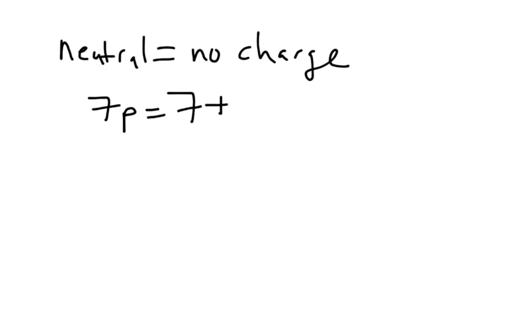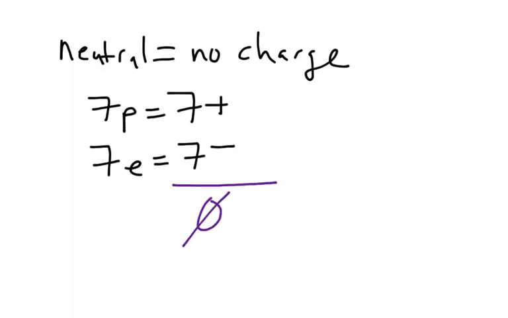And so to have no charge, it must also have 7 electrons, which would be like having 7 negative charges. If you add up these 7 plus charges and 7 negative charges, you end up with no charge. That's why all neutral atoms have the same number of protons as they do electrons. So the protons and the electrons will be exactly the same.